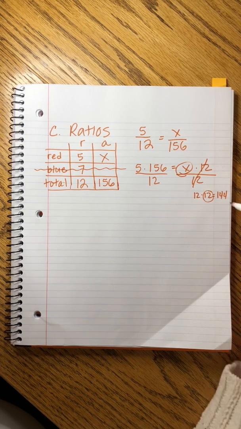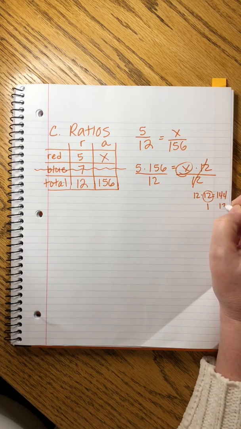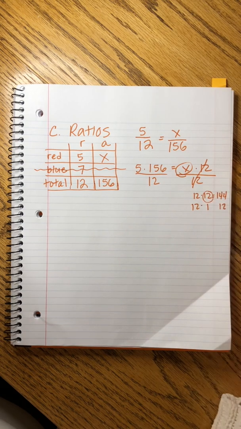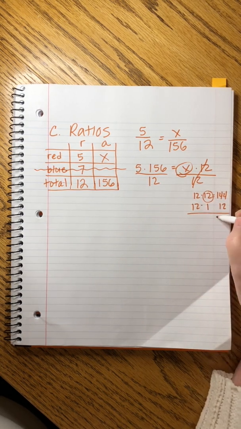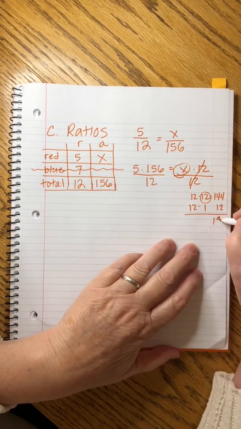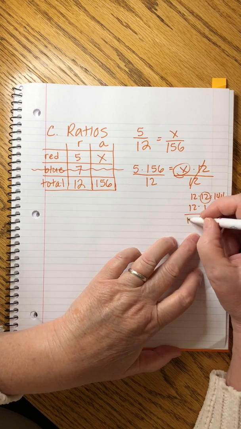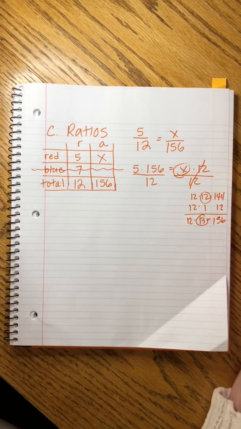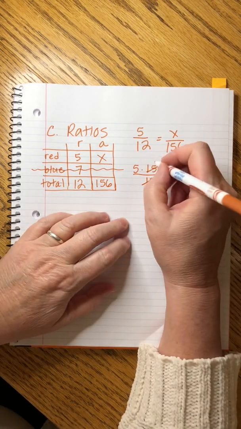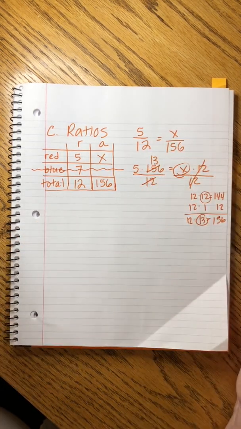Oh, there's one more 12. Right? So this gives me the 156 that I'm looking for, and this tells me that it's 13 times 12. So when I go to cancel this and this, it's 13.